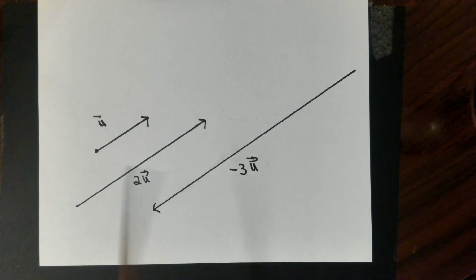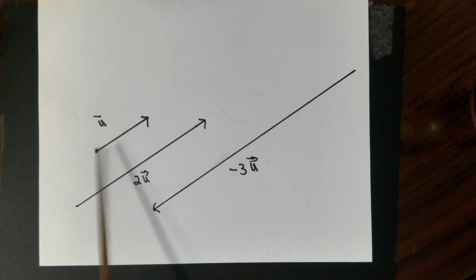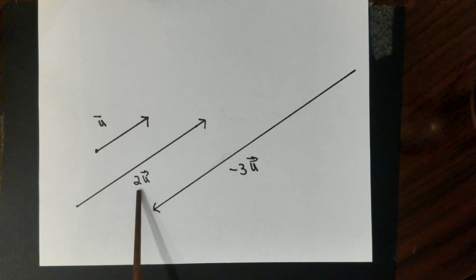For example, if this is a representative of vector u, this will be a representative of a vector named 2 times u. It points in the same direction as u, except it's twice as long.